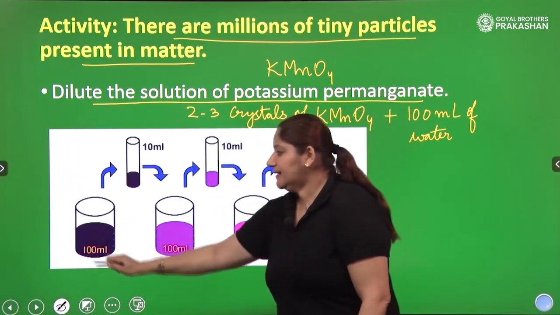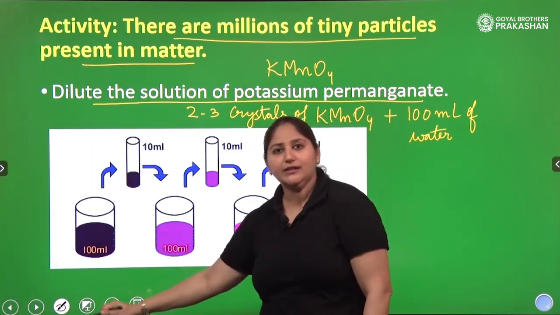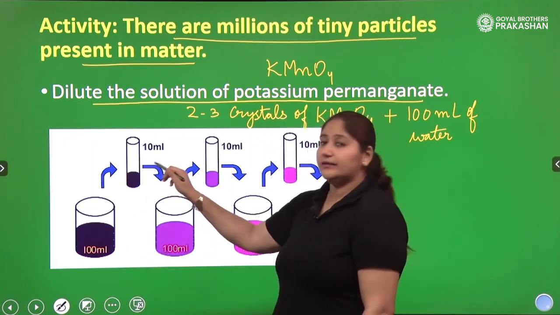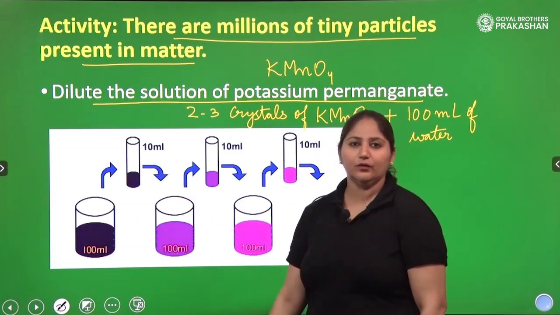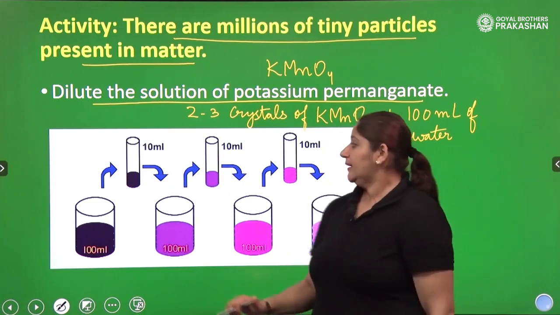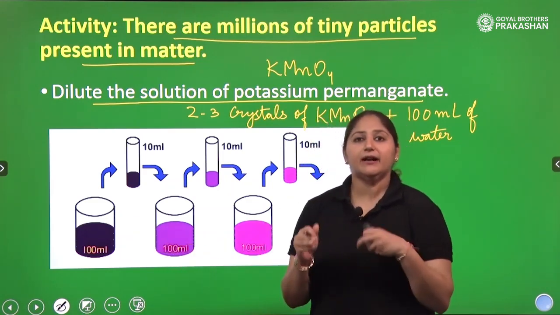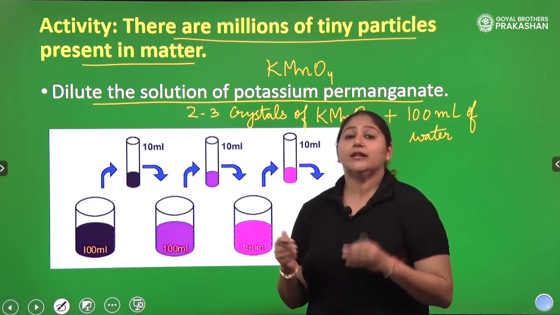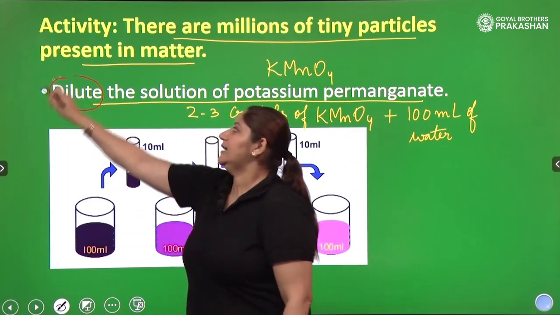As you can see, it is a dark purple color. It's 100 ml water. Now take 10 ml of this solution and pour that 10 ml into another 100 ml of water in another beaker. Now, do you see the change in the color? Why? Because we have added more water to it. So there is dilution going on. What is the meaning of dilute?